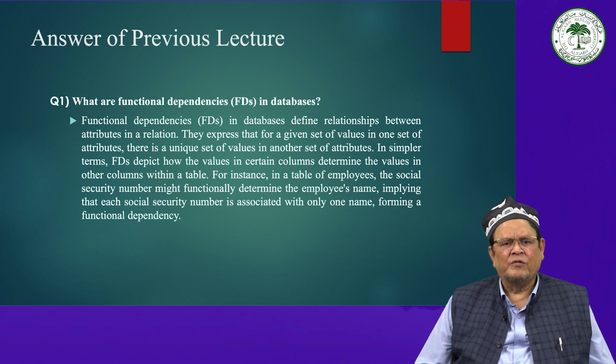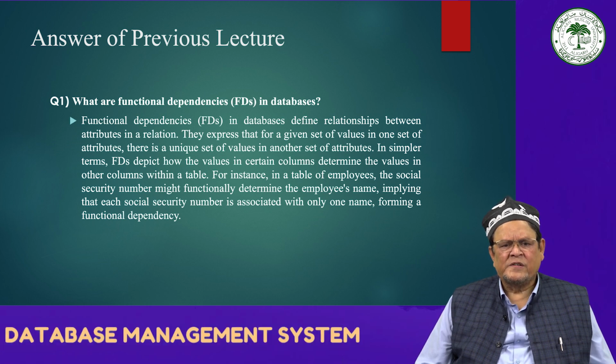Before proceeding with today's agenda, I would like to discuss some questions that I had given you in the last class. What are the functional dependencies in database? The answer is functional dependencies in database define relationship between attributes in the relation. They express that for a given set of values in one set of attributes, there is a unique set of values in another set of attributes.